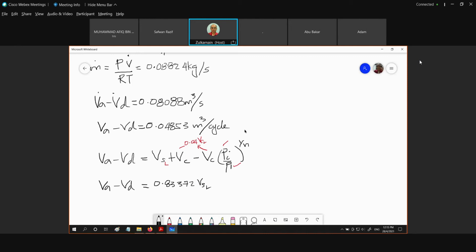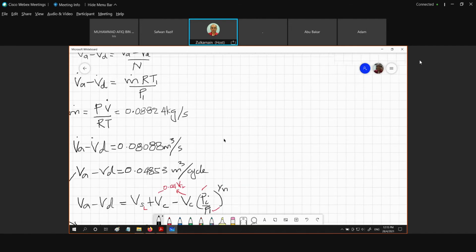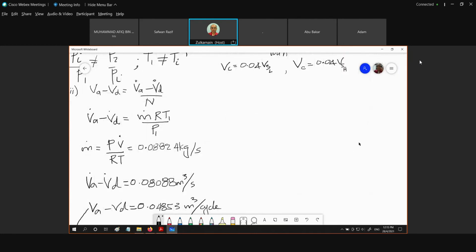So we equate this figure, then this will solve for VSL, which is equal to 0.054797 meter cube. Okay, that is for VSL. And then as for the VSH, we are going to use the same manner, the same method, the same steps, right?